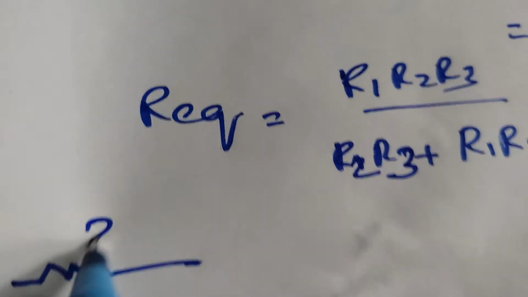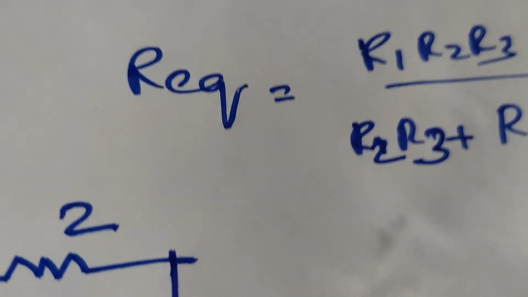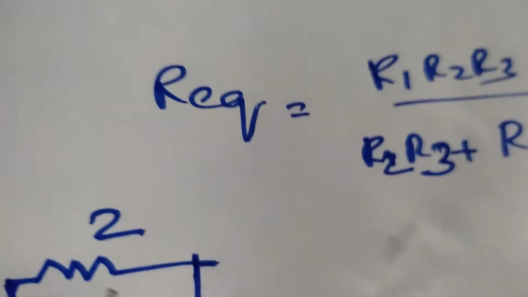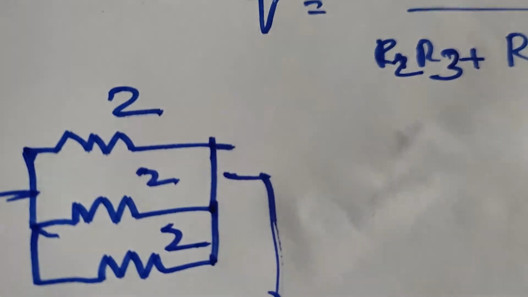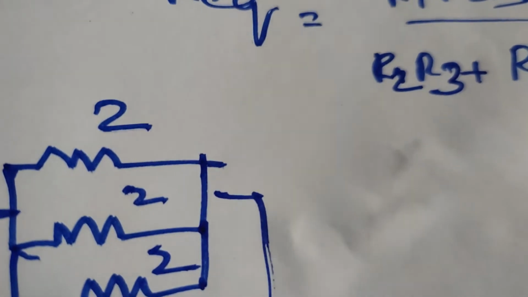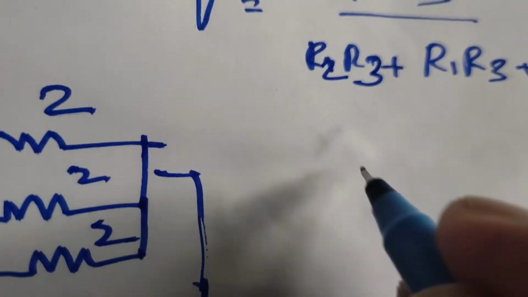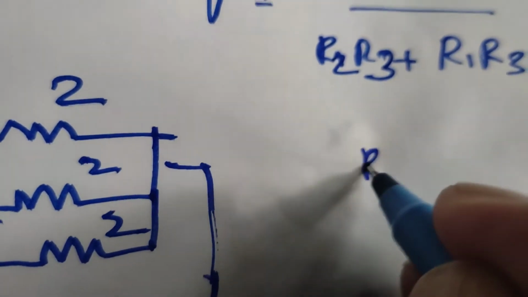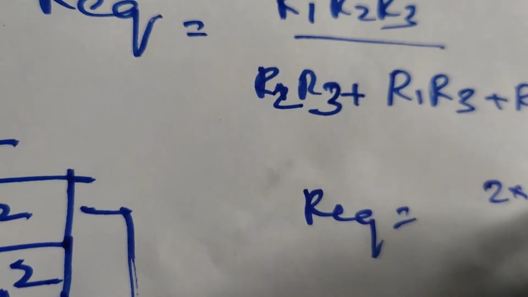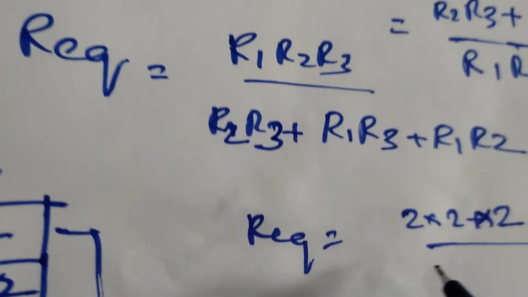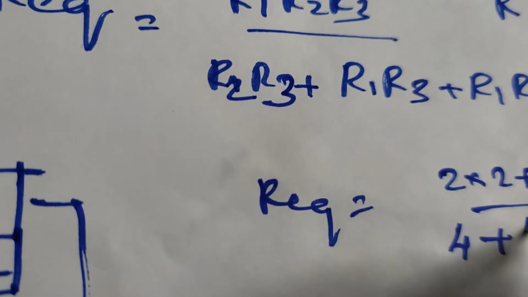Suppose three 2 ohm resistances are connected across a voltage of 4 volt. Then what will be the equivalent resistance? R equivalent is 2 into 2 into 2 divided by 2 into 2, 4, plus 4 plus 4.